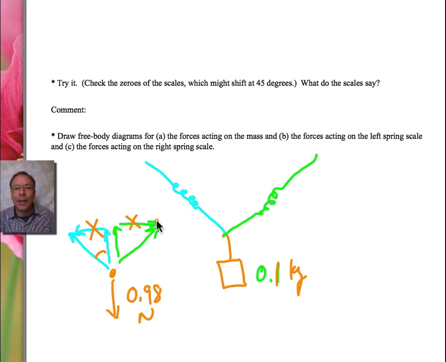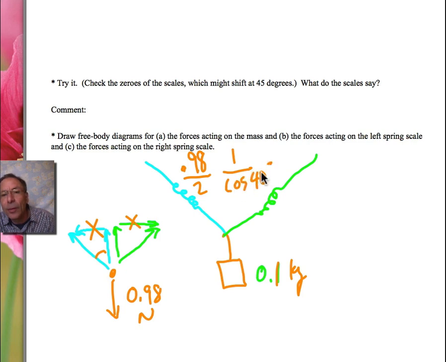I can tell you that this one's going to read 0.98 divided by 2, because there are two springs, each one doing half the pulling upward, times 1 over the cosine of 45 degrees.